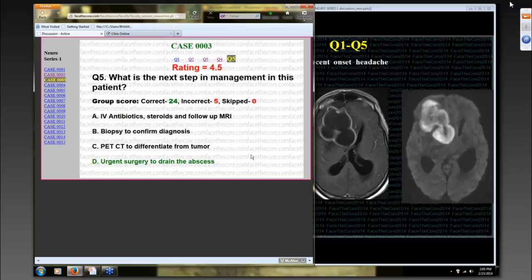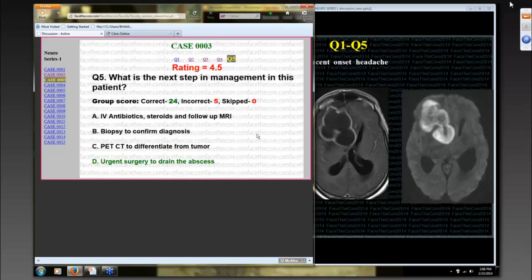And the last question in this case is, what is the best management? Emergent treatment: drainage of the abscess, and pre- and post-operative, perioperative antibiotic therapy. A very aggressive treatment is the way to go because the mortality rate, as we said, is pretty high.